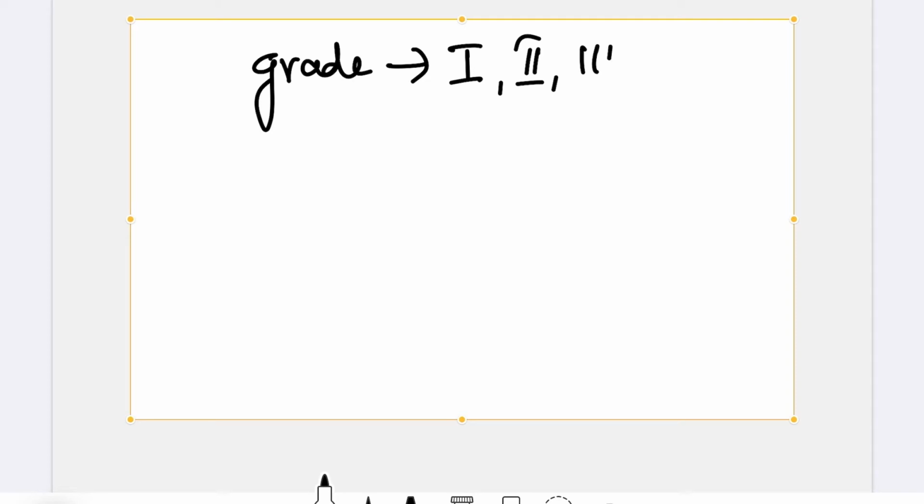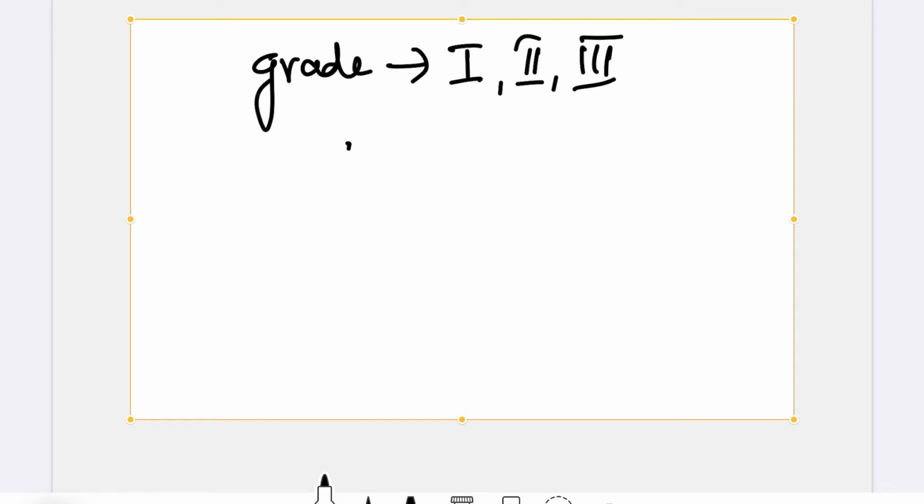Once we have seen this, you must have acquainted yourself with the word grade. Your child must be in grade first or second or third. Grade means you are ranking somebody, you are evaluating someone. So your child may be evaluated and put in class first or second or third.